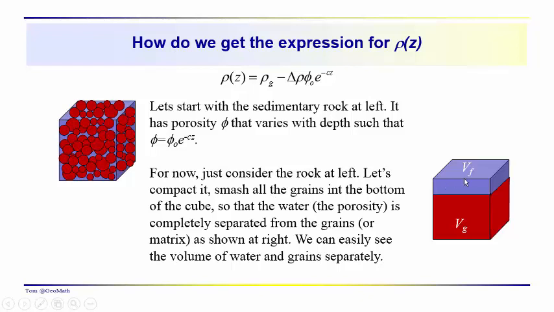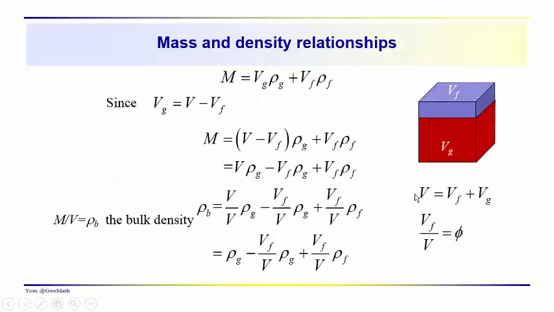That's just a visualization. We want to show what the volume of the fluid and the volume of the grains are, and so we have a mass. This cube has a certain mass. It's related to the volume of the two components, the fluid and the grains, and their densities.